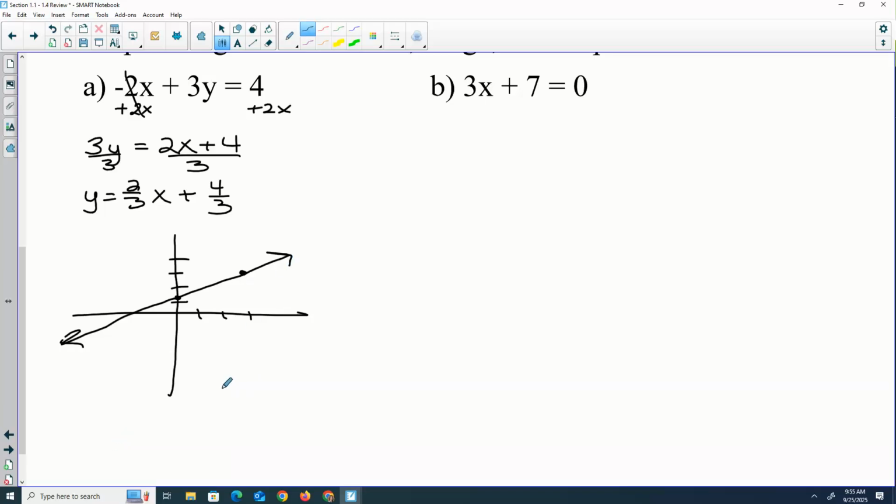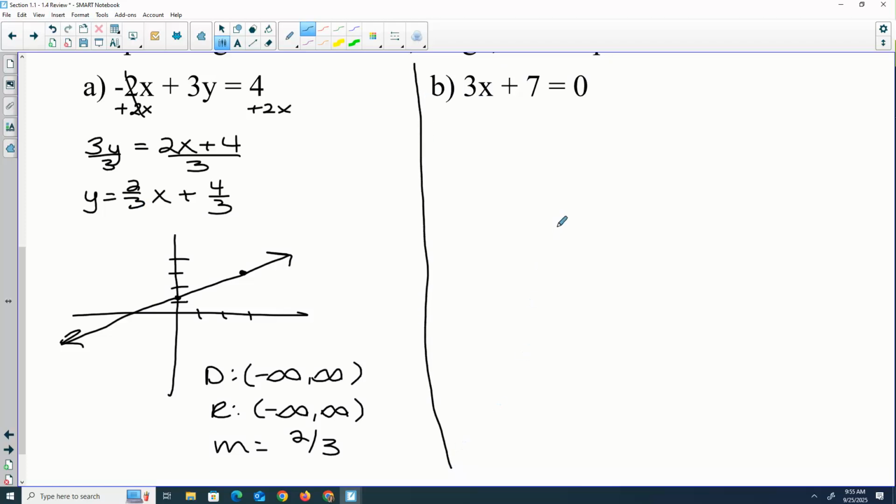What's the domain of that? What's my range? What's my slope? 2 over 3. You don't include the x with it. Slope is just the number.